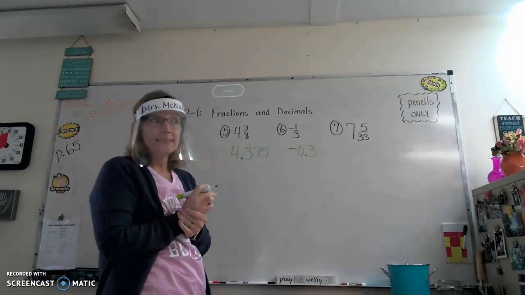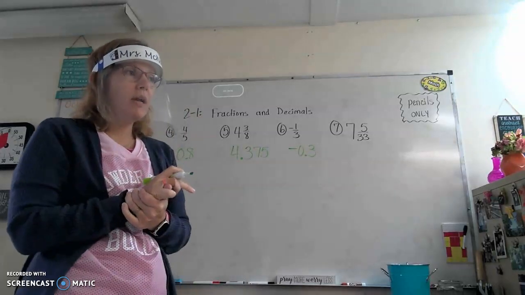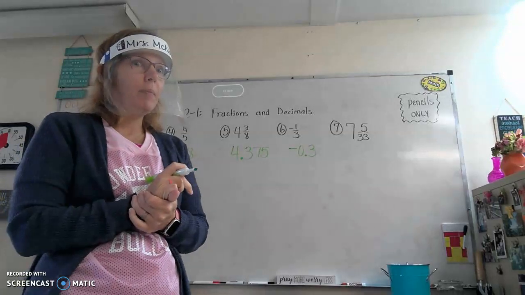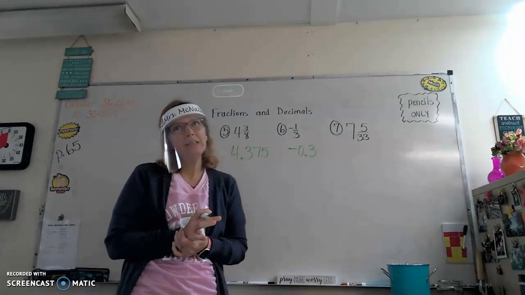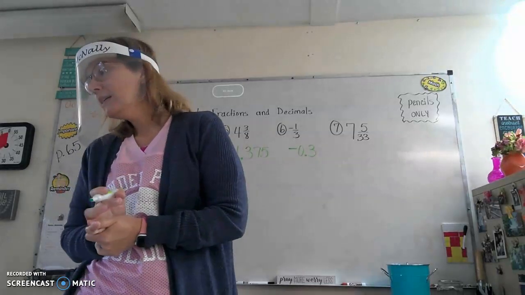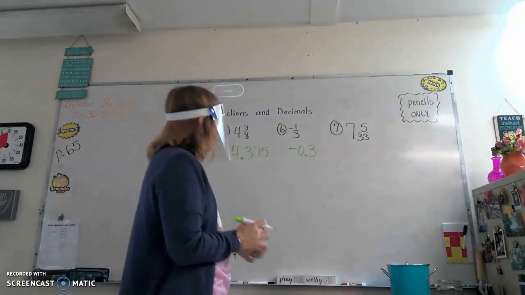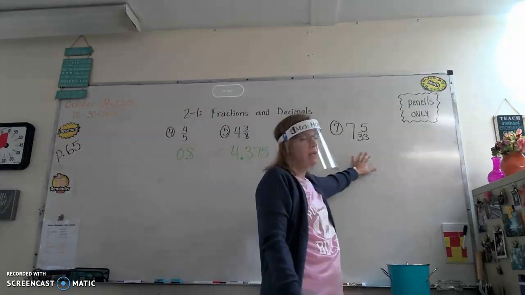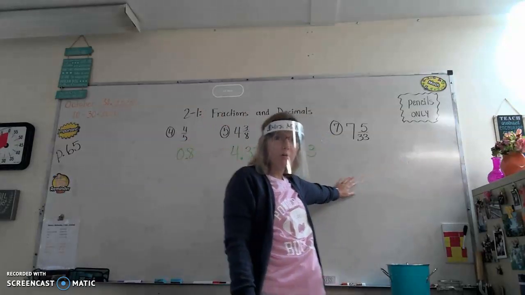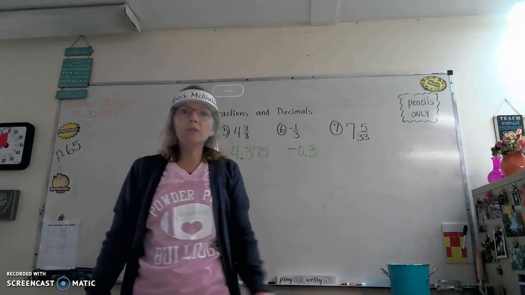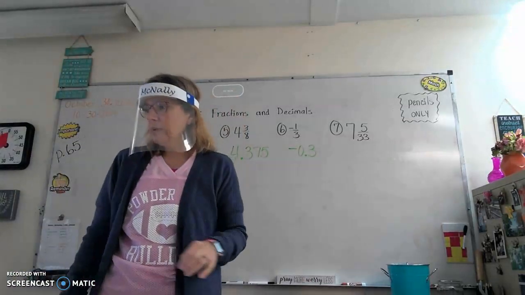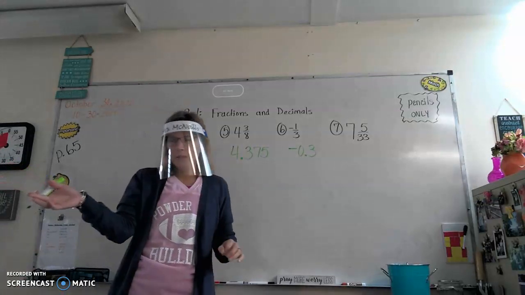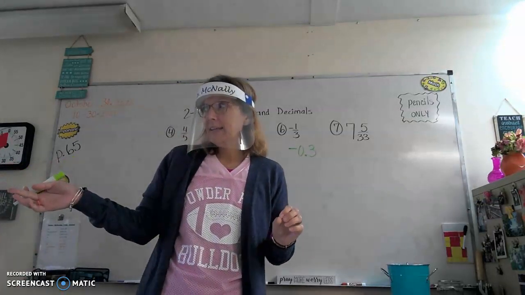Do it again. I could write a bunch of 3s here, but look, I'll run into number 7. I don't have room for all those 3s. Look at your notes. What did we do when a number repeats? We abbreviated it. We said 0.33.